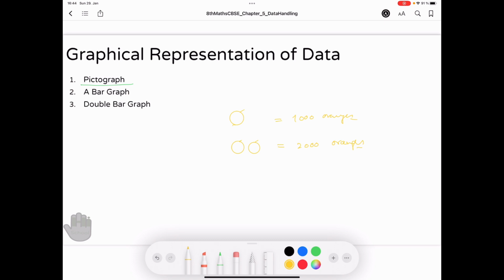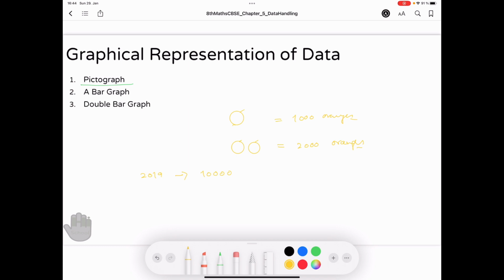Let's say I have an orange farm, and in the year 2019, 10,000 oranges came out of that farm.